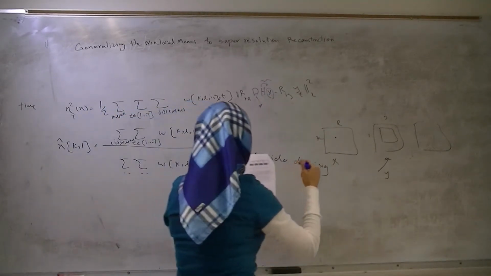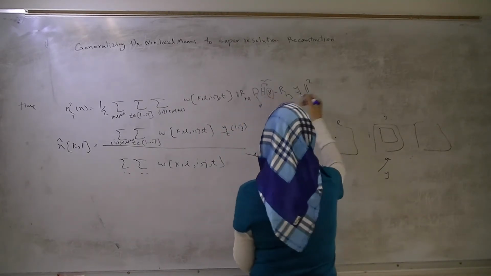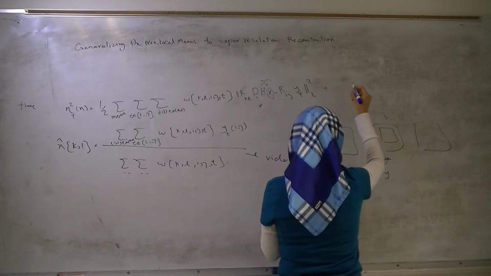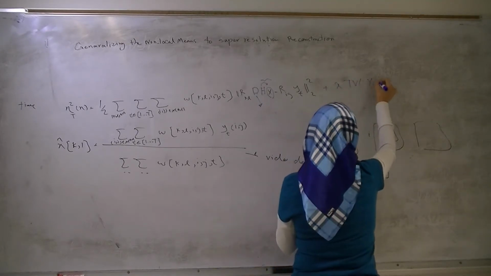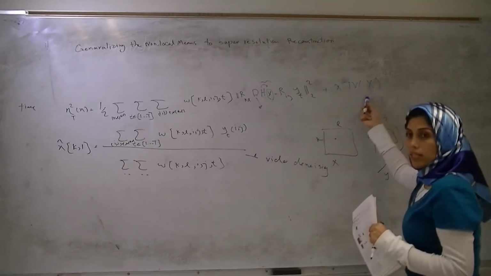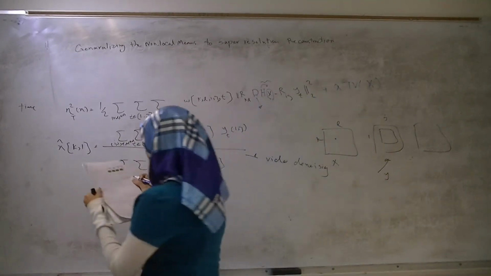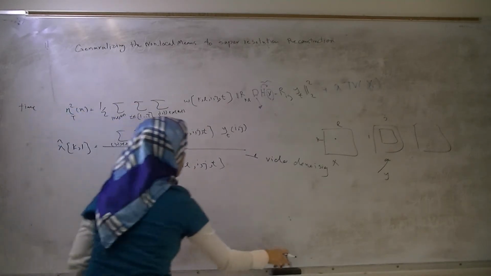And also because I have the blurring here, I should add another term. This term is for the blurring of the X. It's all X.